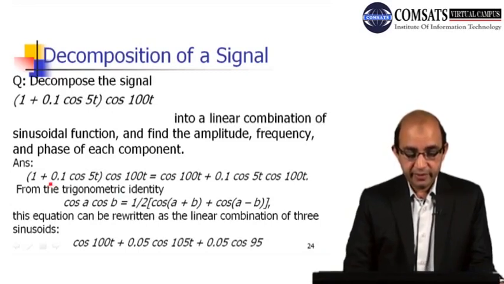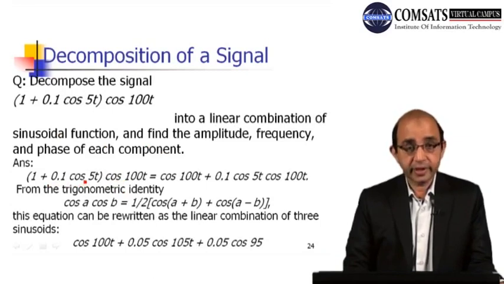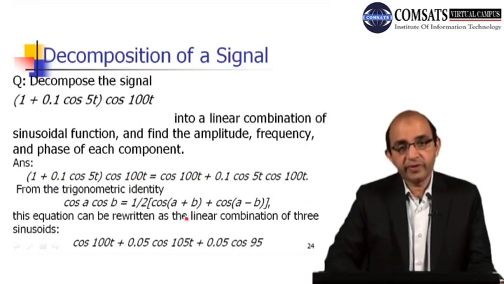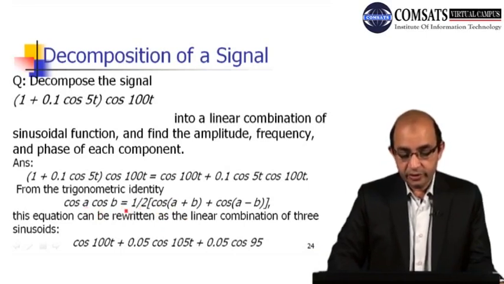As you can see, we have two cosines: cos 5t and cos 100t. First we will multiply this bracket by cos 100t, and then plus 0.1 cos 5t and cos 100t. Now we will use the trigonometric identity for cos A and cos B.